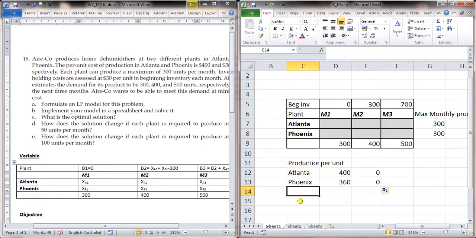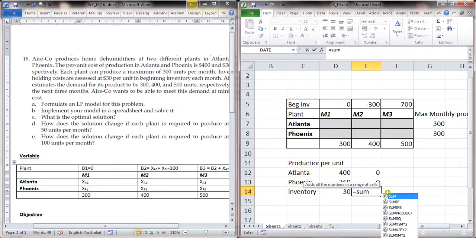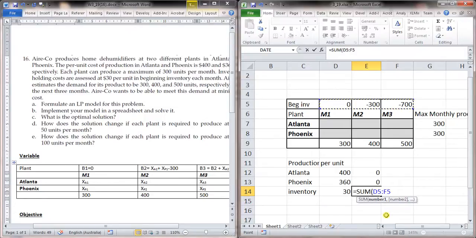And on top of production cost there would be inventory cost, and inventory cost is $30 per unit and should be equal to the sum of all these three.